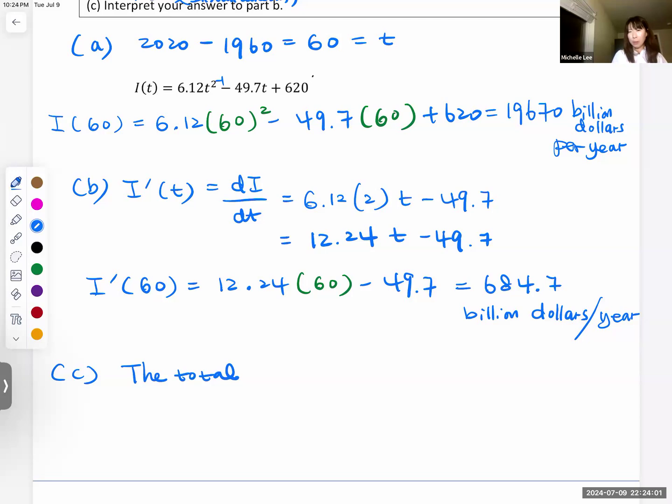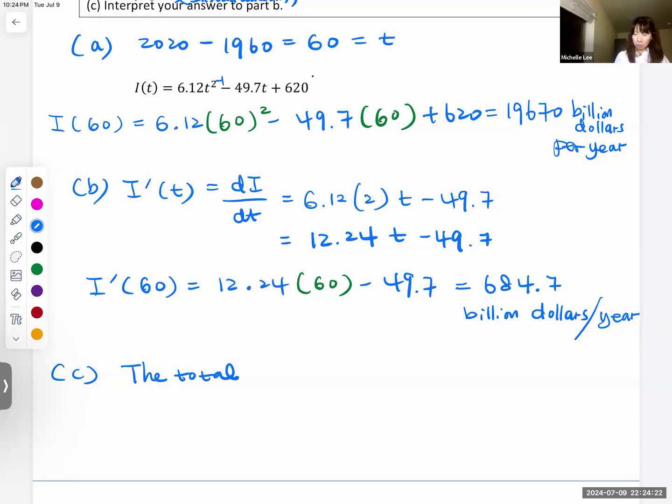Since we have a positive for the second part, $684 billion per year, right? So we say that total US personal income is predicted to increase by approximately that money, $684.7 billion per year in 2020.